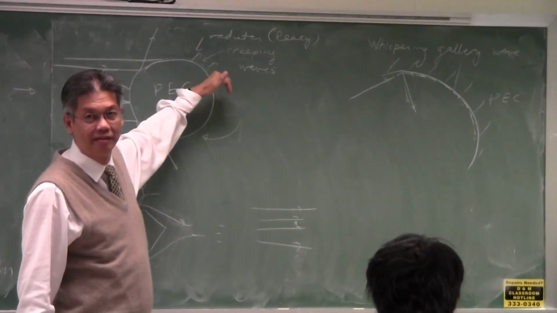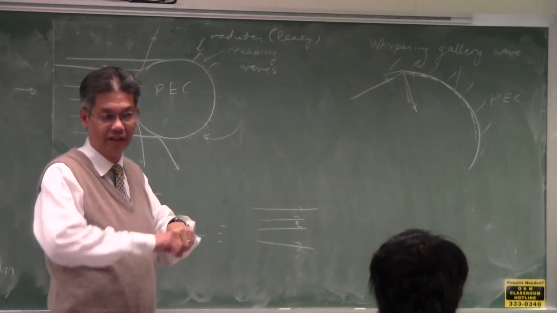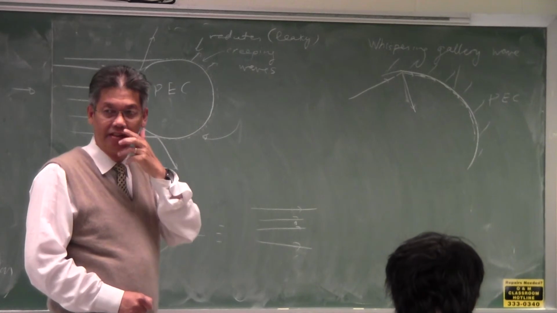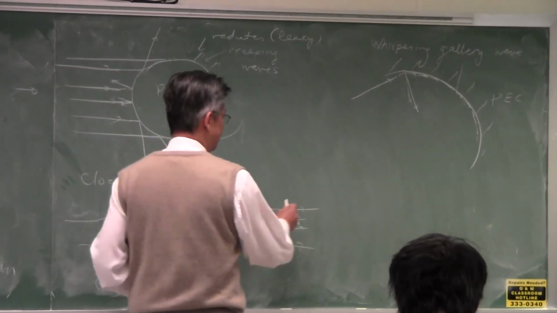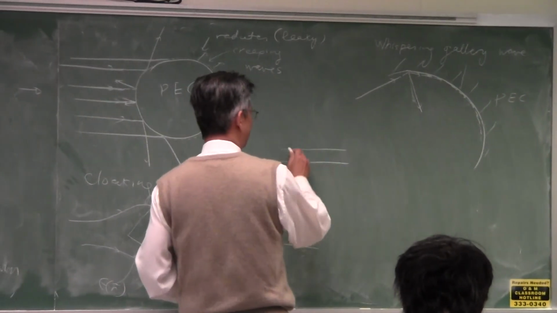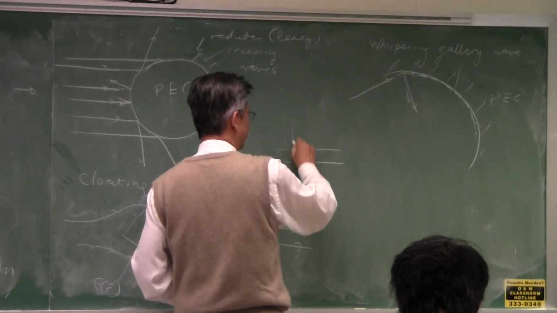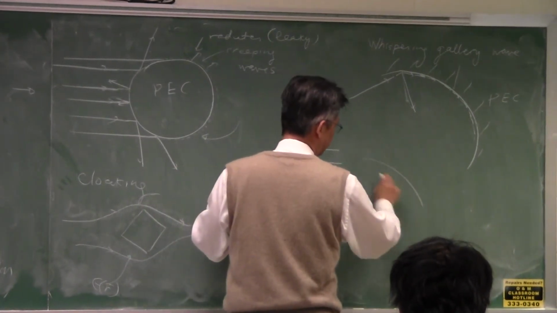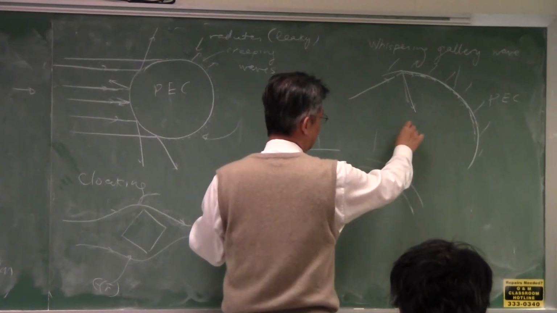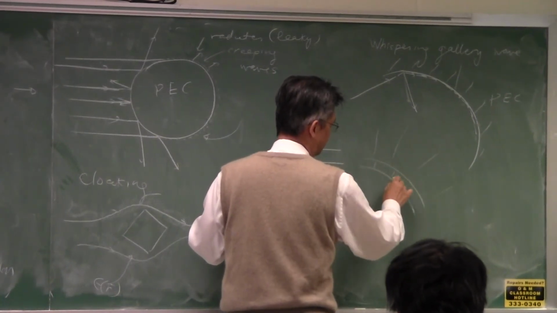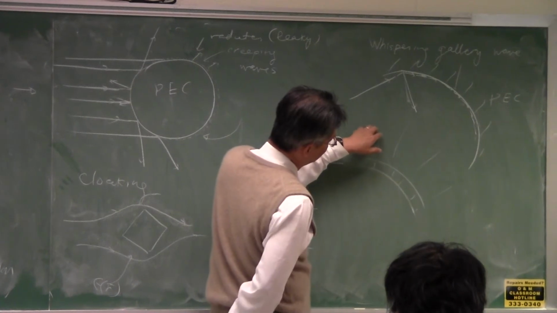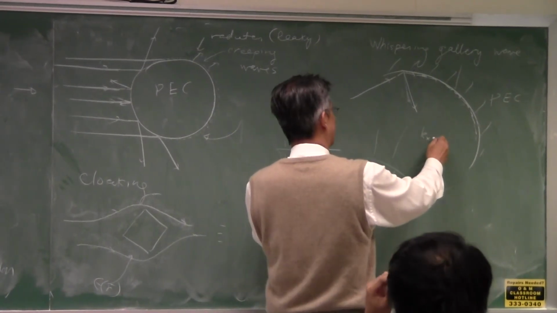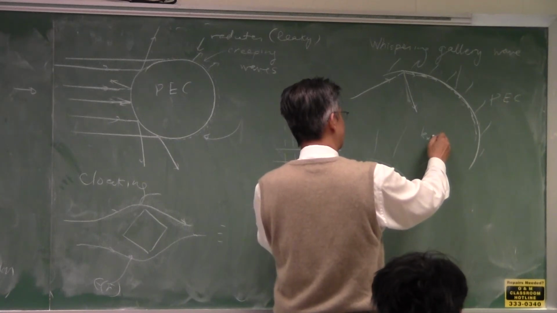When you bend a waveguide, like if you have an optical waveguide, you will have to leak energy. Because if you have a waveguide, if the wavefront is something like this, if you bend it, then the wavefront will have to look something like this. Which means that the kx becomes smaller, right?